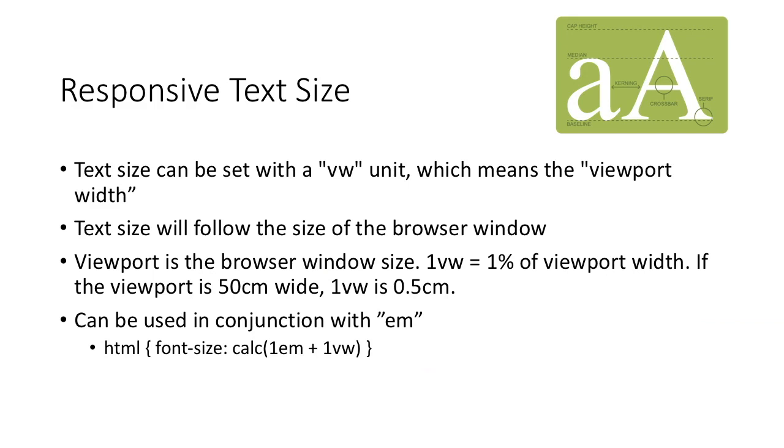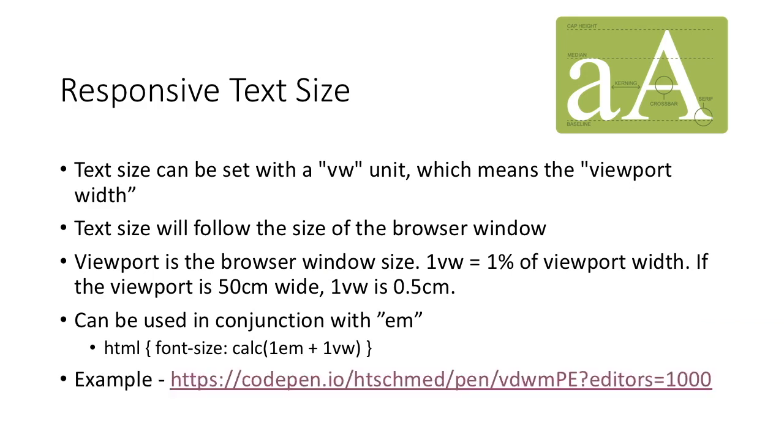So you can say calculate 100% width minus, I don't know, 50 pixels, and it'll just subtract it and give you that. So it's not font size, but if you're setting a margin or some sort of padding or doing something with width, you can use that calc function to do that.